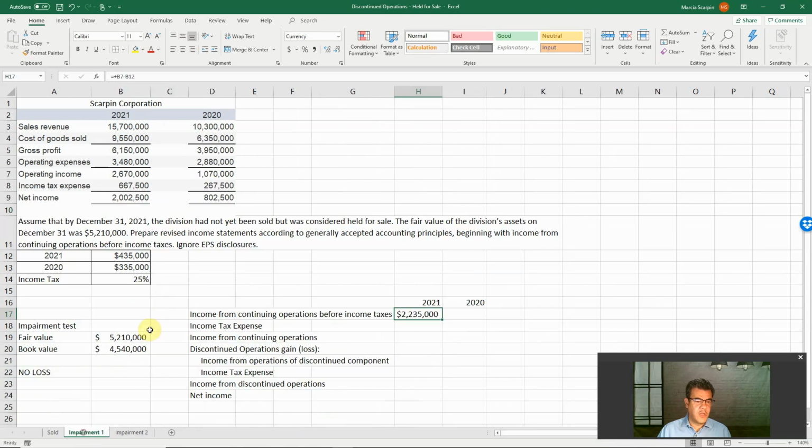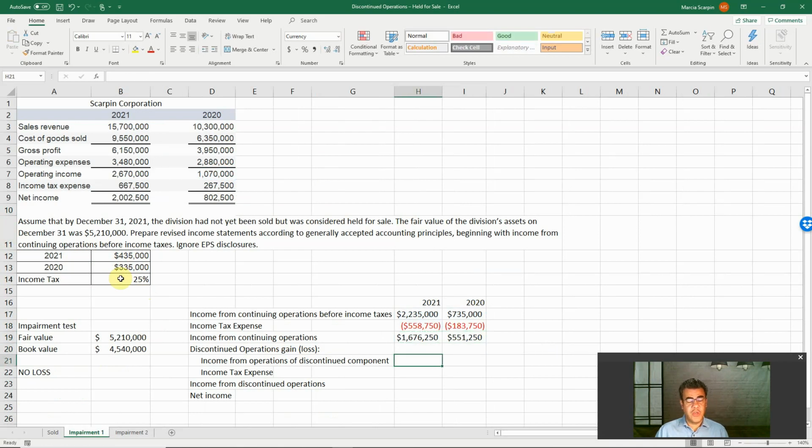So we deduct this contribution here. 2020, the same operating income less this contribution. Income tax expense times 25%. And the income from continuing operation, we sum it, we combine those numbers.